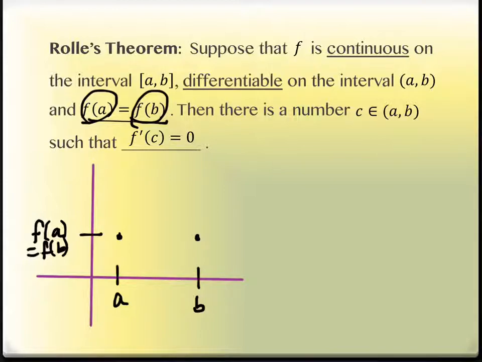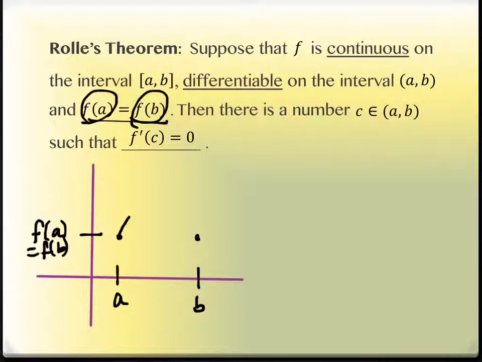I need to connect those two points in a smooth, nice way. So what are some ways I could connect them? I could do just a horizontal line. If I do a horizontal line, is it true that the slope somewhere in between them is 0? Yeah, actually the slope everywhere is 0. So in a horizontal line, it'll still work.